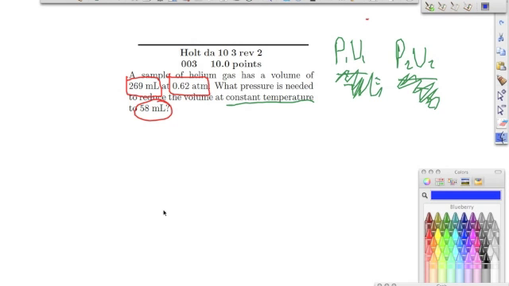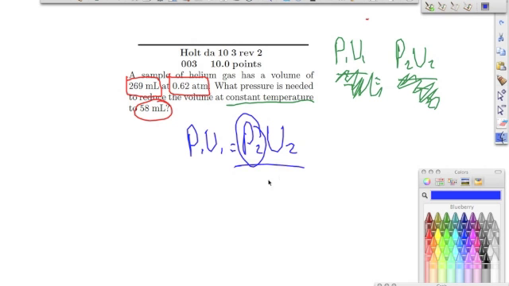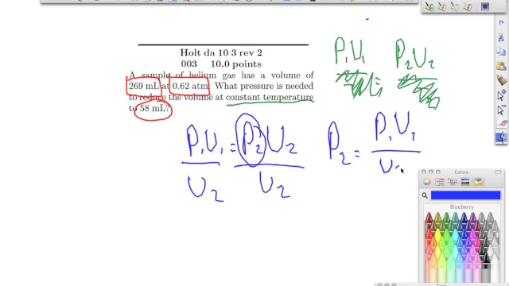Okay, and Boyle's law is going to be our P1V1 equals P2V2. And it says what pressure is needed, so we're solving for the second pressure, so we divide by V2, and we get P2 equals P1 V1 all over V2.